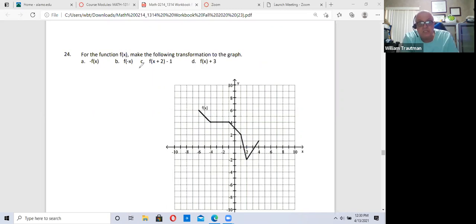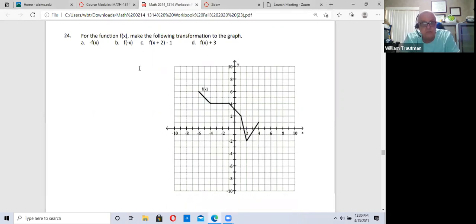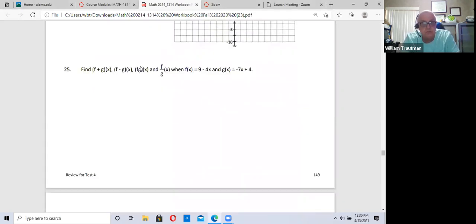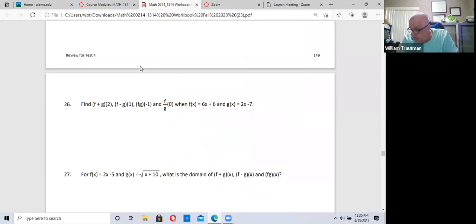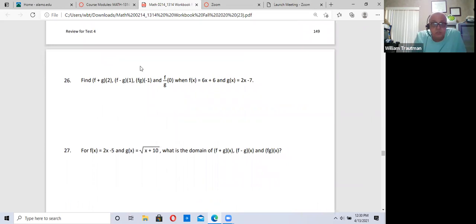All right, 26. We're going to do this one. All that says is we're multiplying two functions, function f and function g.